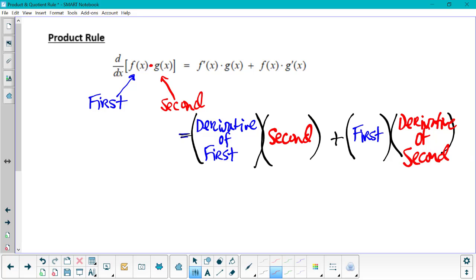So if you notice, we're taking the derivative of one function times the other one, both ways, and then we're adding it. Okay, so if you actually switched the order, it wouldn't matter because addition is commutative. However, when we do the quotient rule, that's not the case. So I usually always follow this pattern, and this pattern transfers nicely over to the quotient rule.